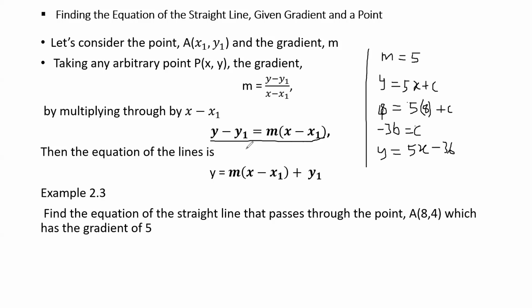Sir, can I just mention a formula for you to write and see if it is correct? Okay, tell me the formula. So m is equal to y2 minus y1 over x2 minus x1.